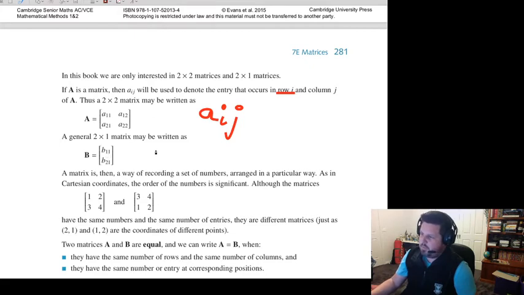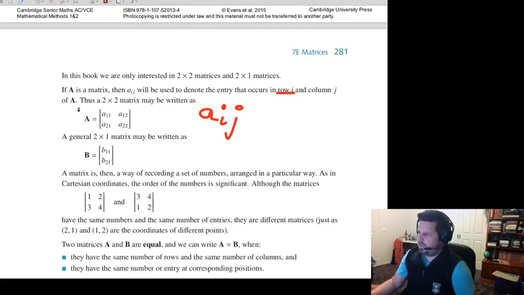The first number, the i value, represents the row, and the second value, the j value, represents the column it's in. So this one is in row 1, column 1. This one is in the second row, first column, so it's b21.